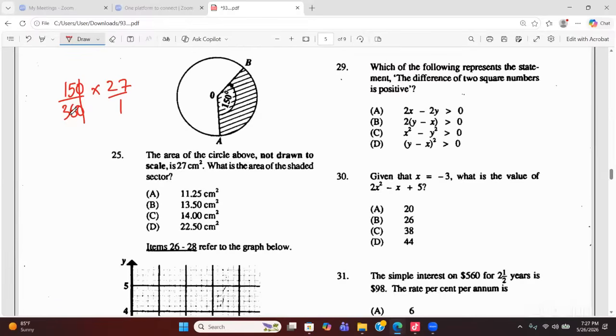You could use 3. 3 into this is 3, and 3 into that is 4. My bad. Let me write the 3 here, and this is 4 here.